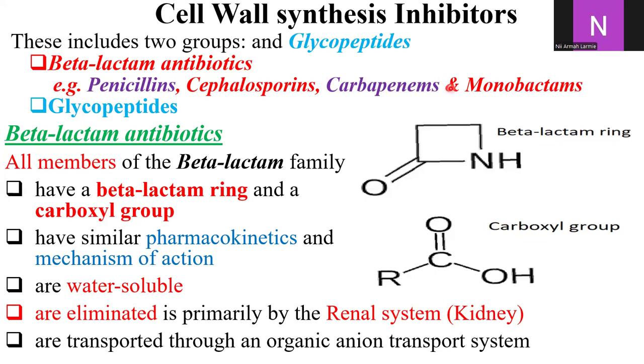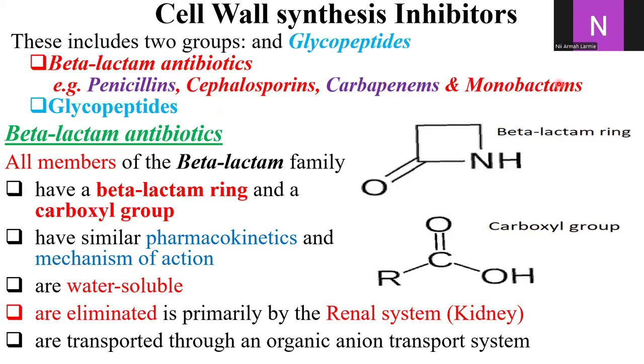So we say that there is also cross resistance. If there's resistance here, you may get resistance there. The organism may also resist cephalosporins, carbapenems, even sometimes monobactams.